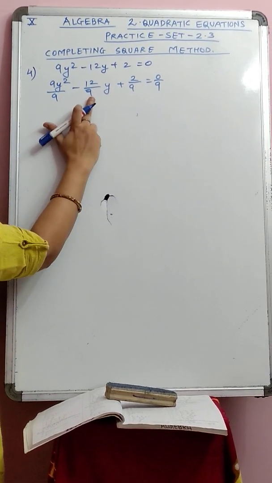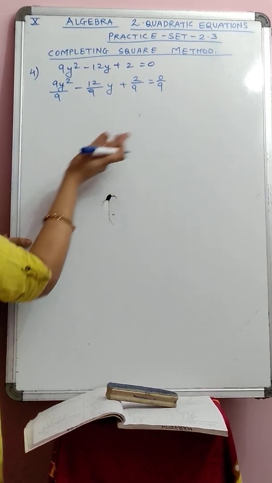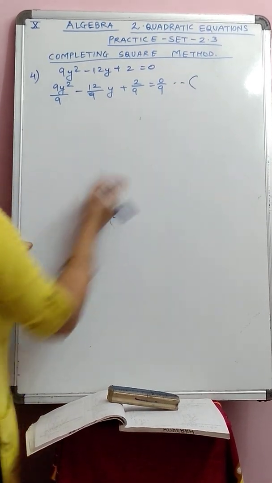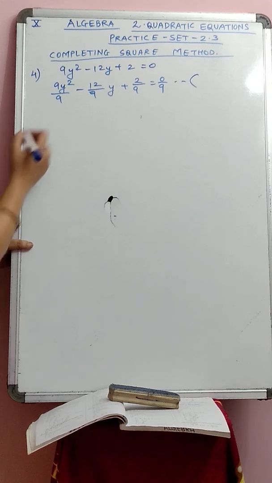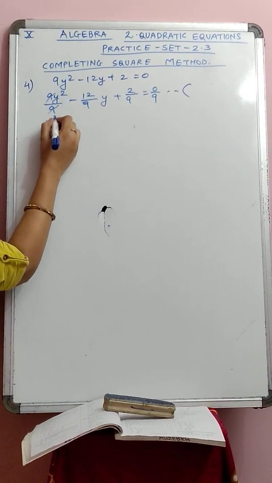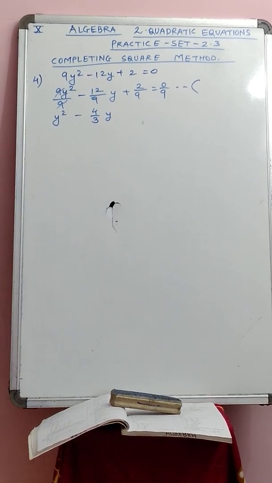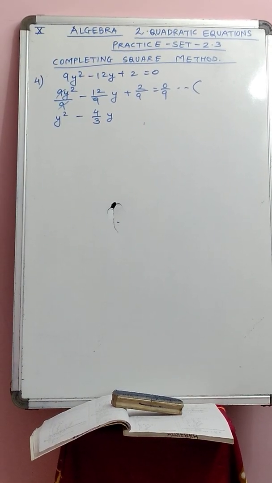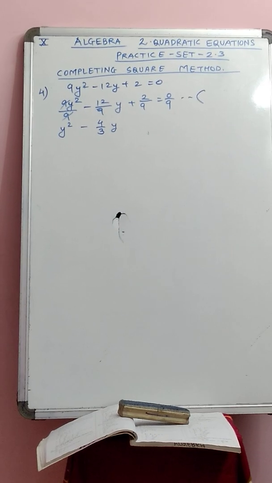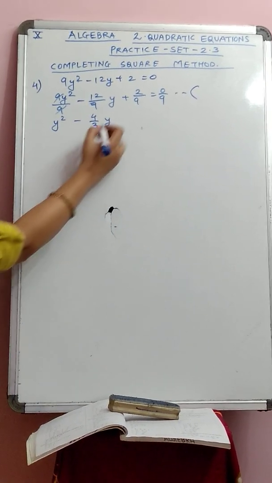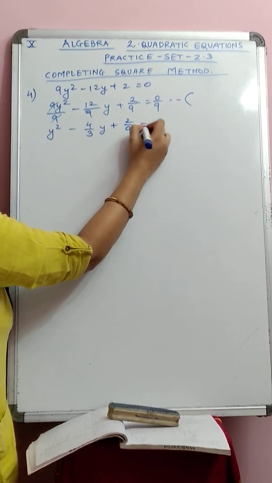The first term is 9, second term, third term, and also 0 upon 9. Here you have to write dividing the whole equation by 9. So what I am getting is y square minus 4 upon 3y, then plus 2 upon 9 is equal to 0.